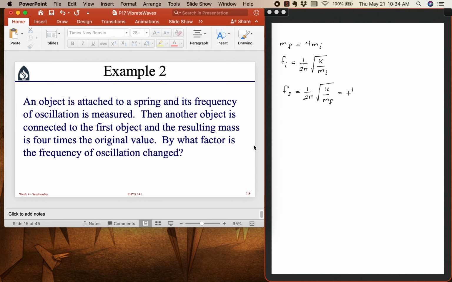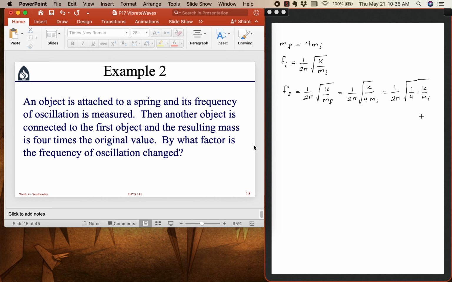But we know that m final is 4 times m initial. And we can break this up, this stuff under the square root, we can also write that as the square root of 1/4 times k over m initial.